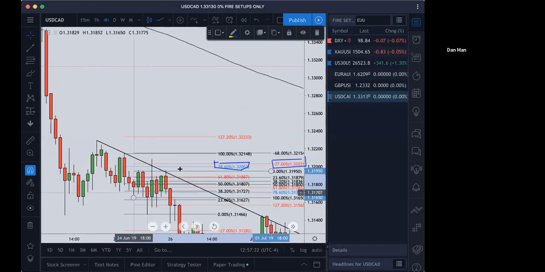So it pretty much hit take profit for the low to high, but it never broke the counter trend line, so I'm still moving downwards.